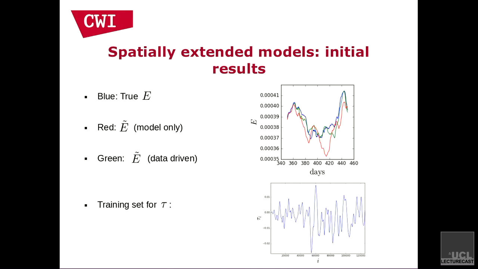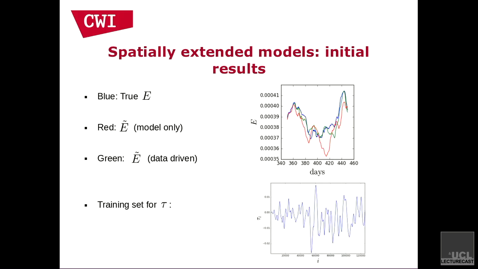And if you integrate this long enough, for years, then you'll end up with different statistics. But if I add this simple data-driven term, I get the line in green. This line you see here is not perfect, it's just a simple source term, but at least it looks more like the actual energy.